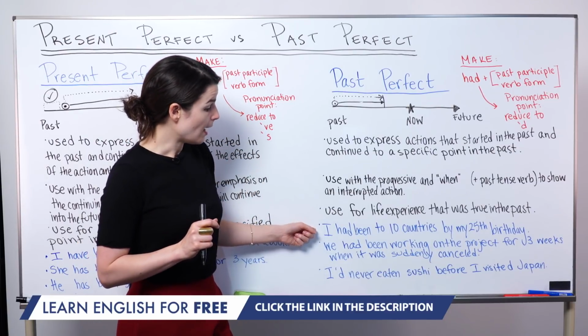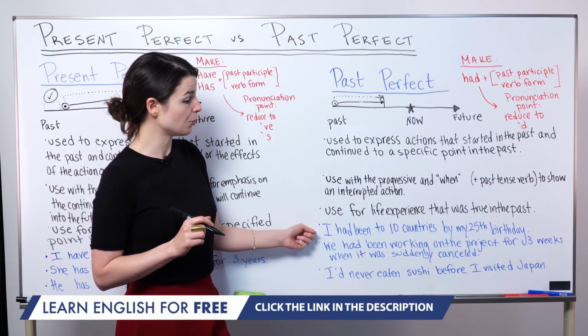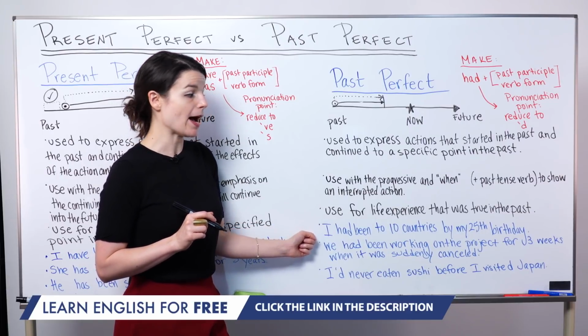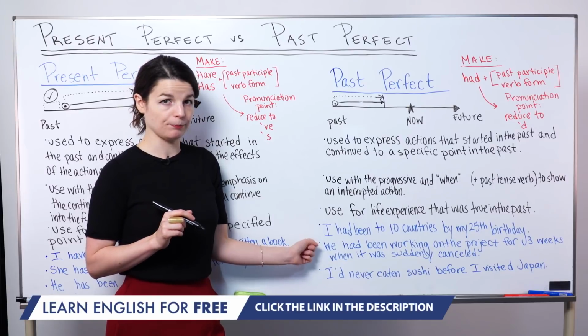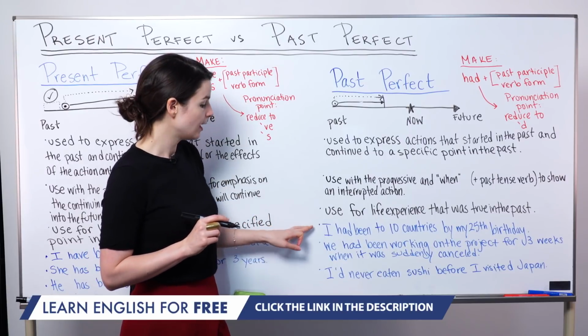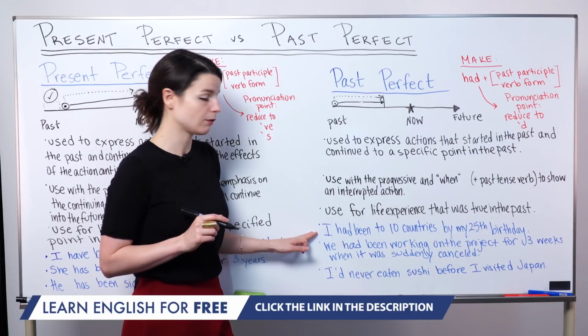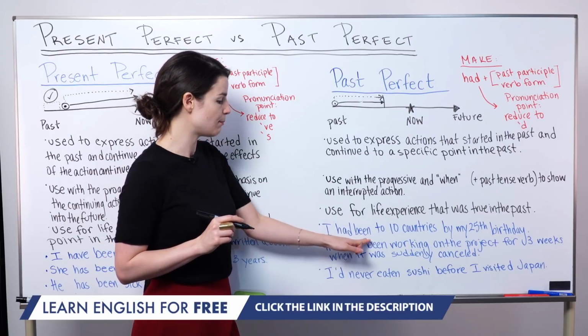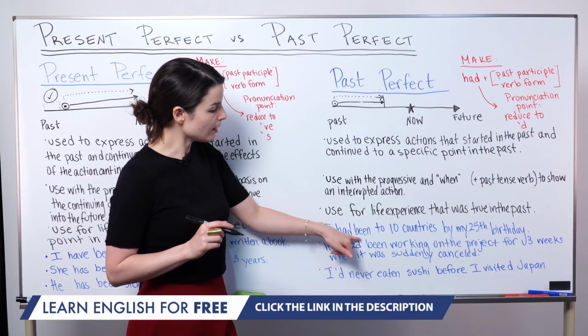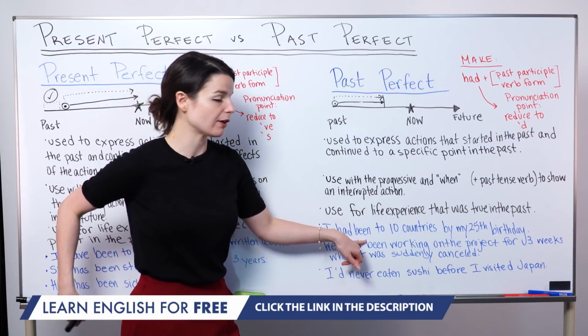First, I had been to 10 countries by my 25th birthday. So let's break down this sentence. Here, I begin the sentence with my past perfect phrase. I had been. So here, we see a similar pattern with the present perfect tense.